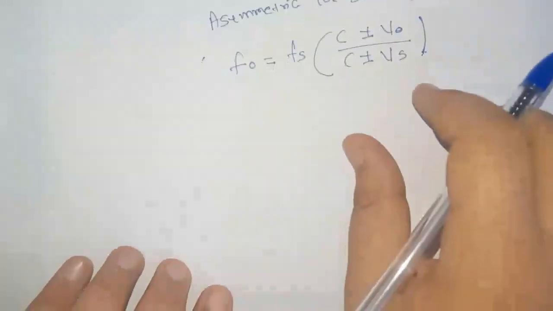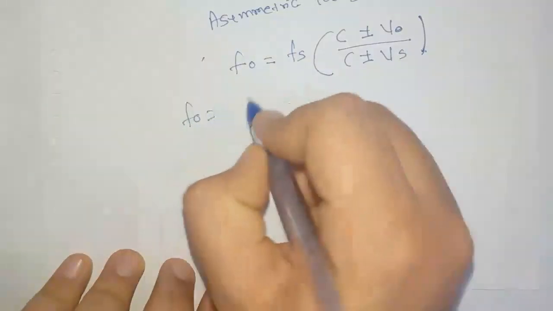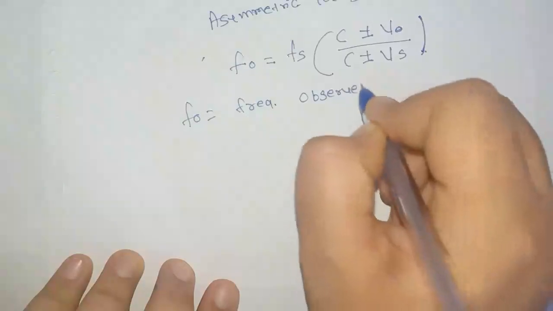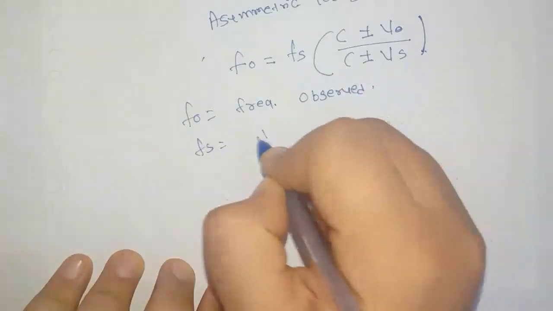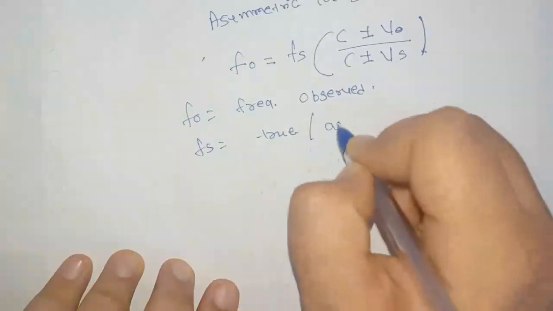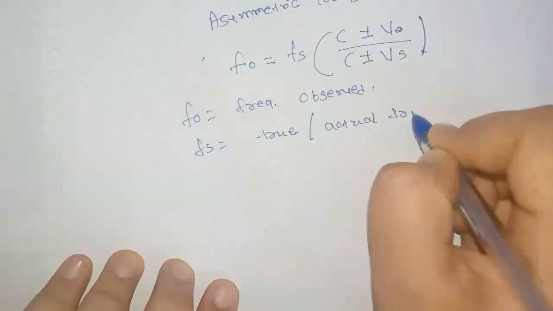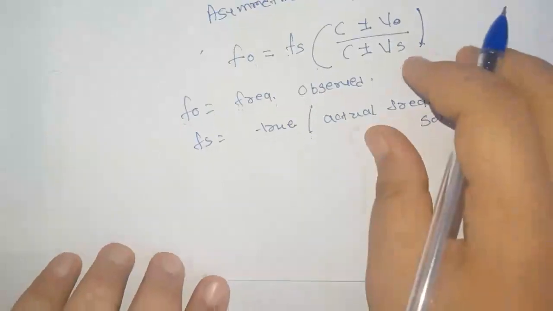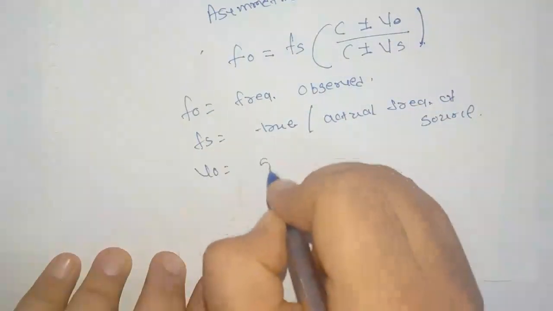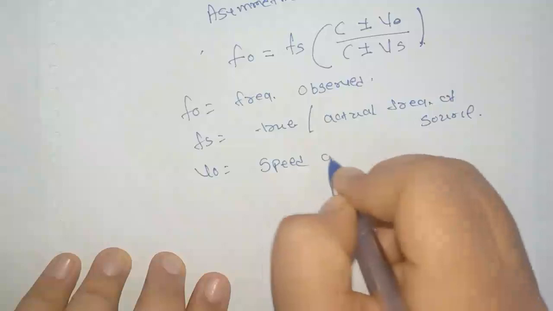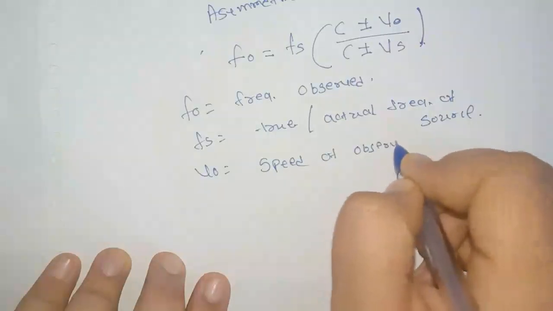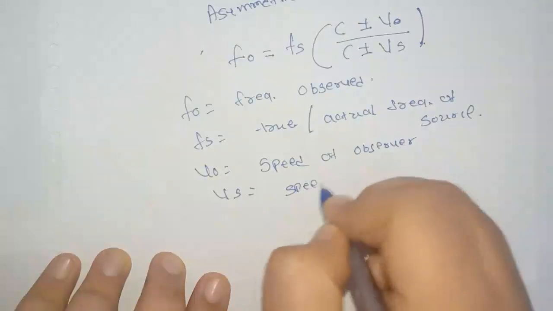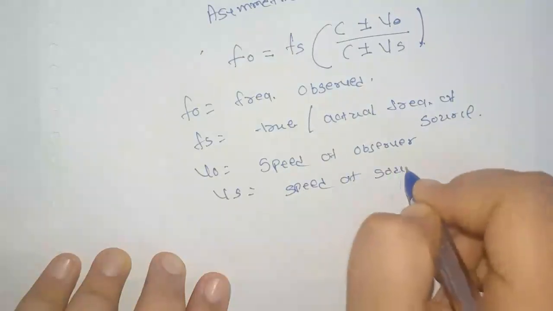Here write down the terms. Fo is the frequency observed. Fs is the true or actual frequency of source. Vo is the speed of observer and Vs is the speed of source.